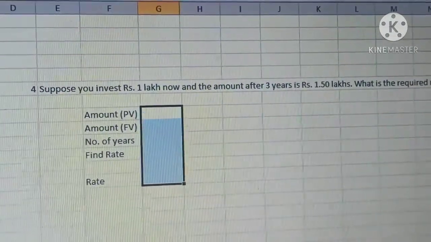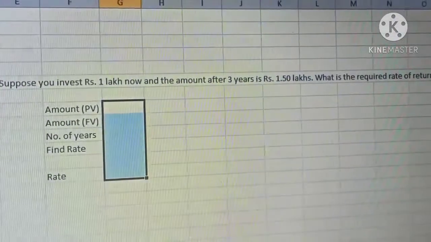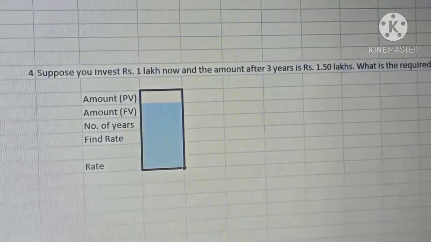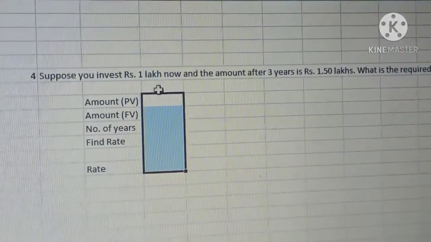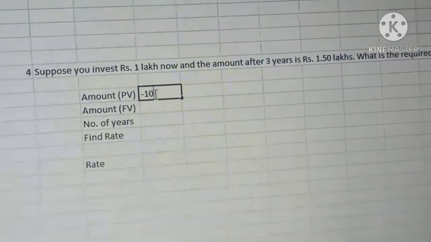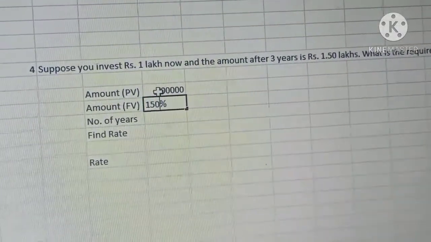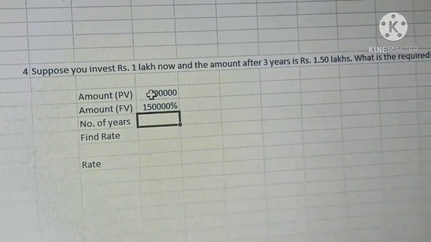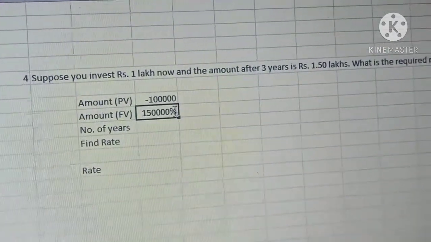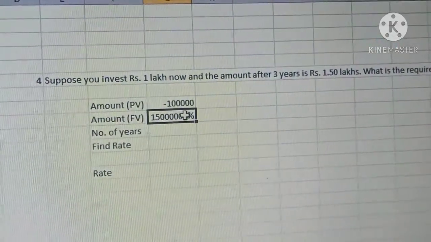Suppose you invest rupees 1 lakh now and the amount after 3 years is 1 lakh 50,000, then what is the required rate of return? Suppose you are investing rupees 1 lakh now, so it's minus 1 lakh. Your FV is 1 lakh 50,000.